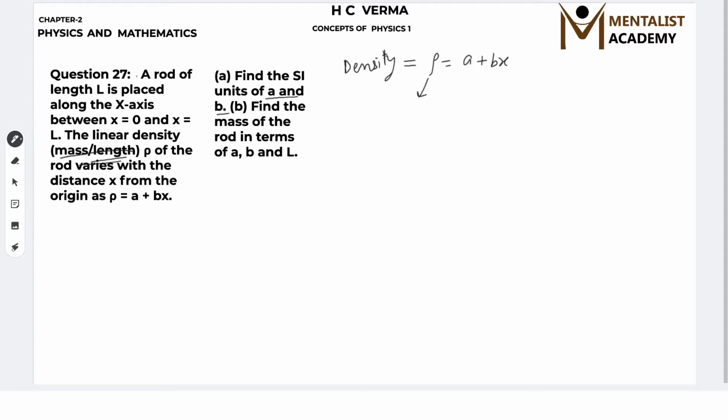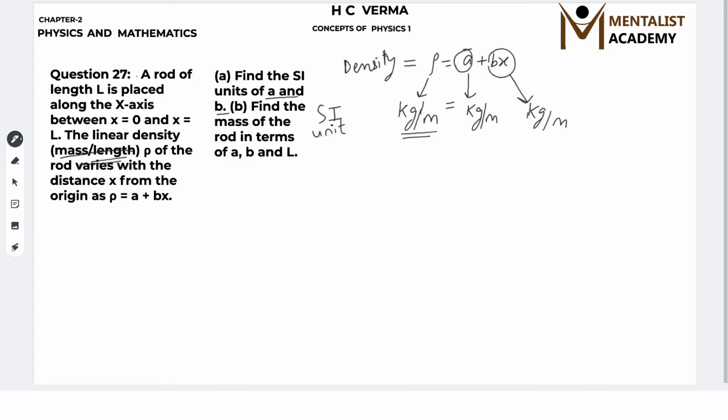So we can say that the SI unit of density is kg per meter. Now using dimensional analysis, A and Bx will also have the same units as density. So the unit of A would also be kg per meter, and the unit of Bx is also kg per meter.